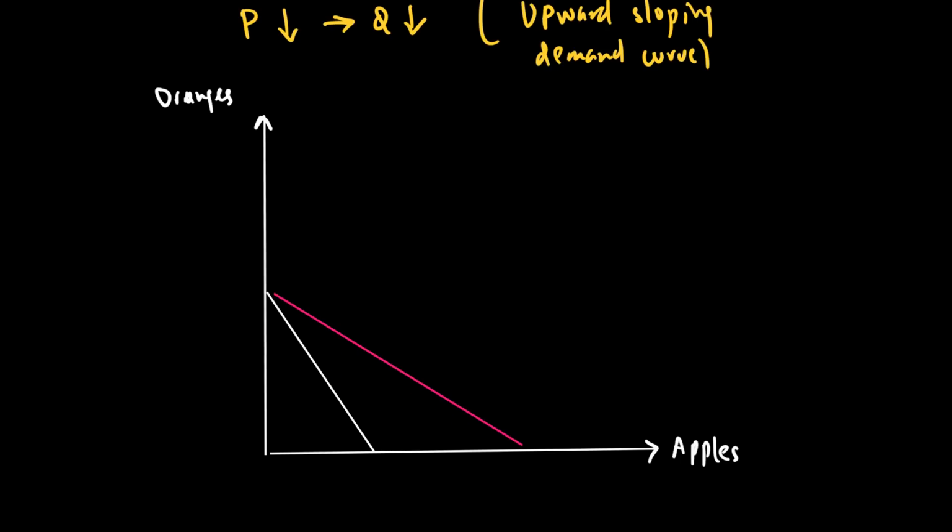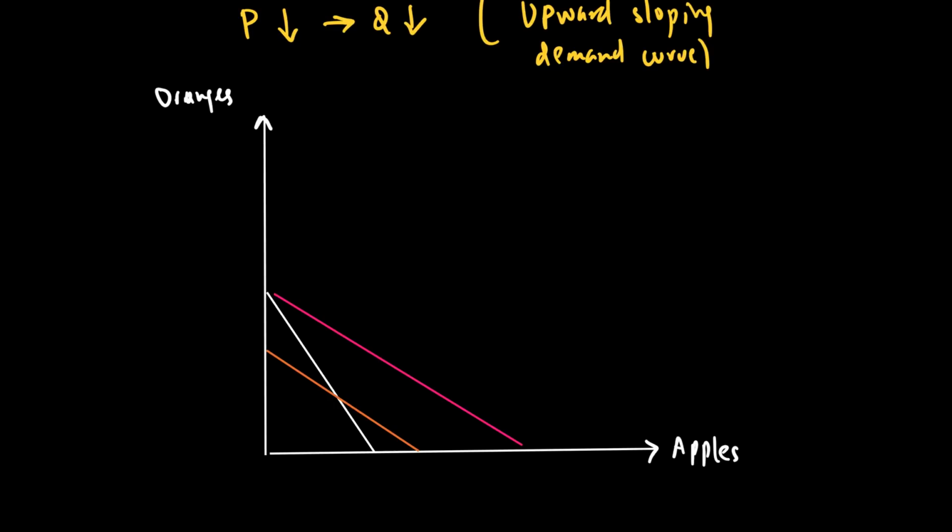Then we need to remove our income effect, so we will draw a budget line parallel to the new budget line. Now the white line is where I am originally, the orange line is where I will be after my substitution effect, and the pink line is where I will be after my price effect.